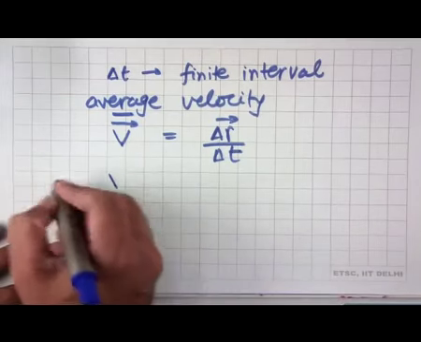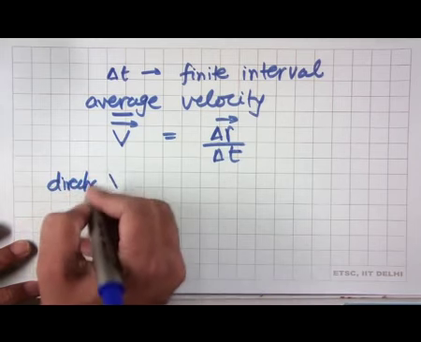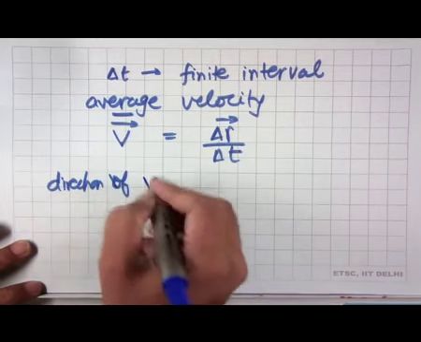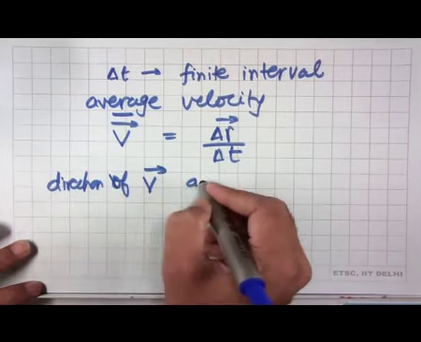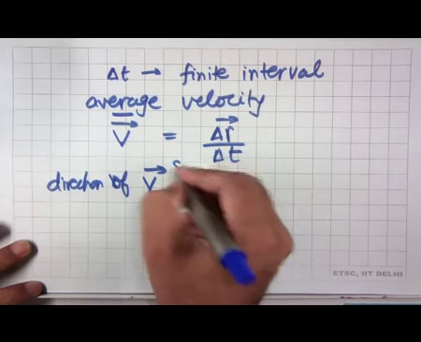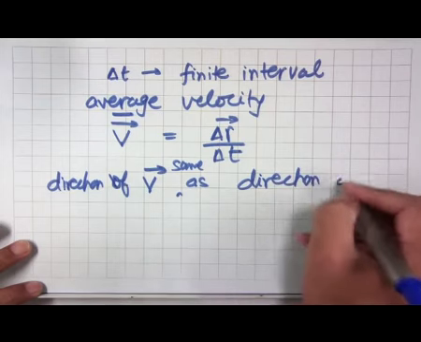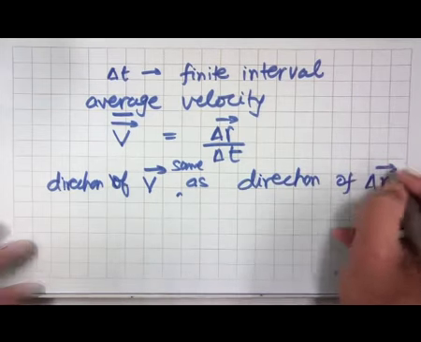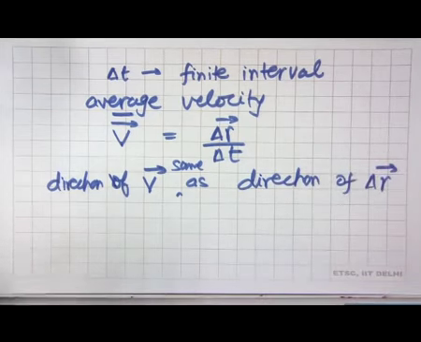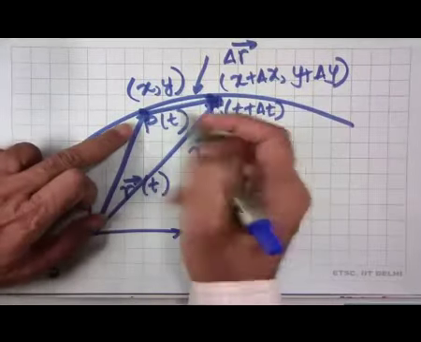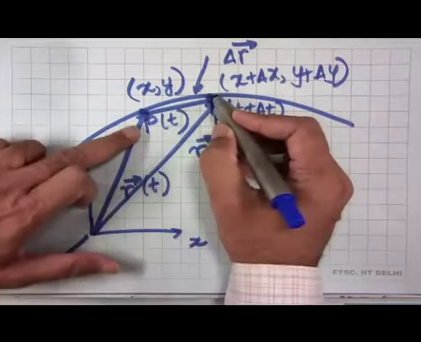Now, we also realize that the direction of the velocity is the same as the direction of delta r, and if we go back to our picture here, delta r is in this direction.